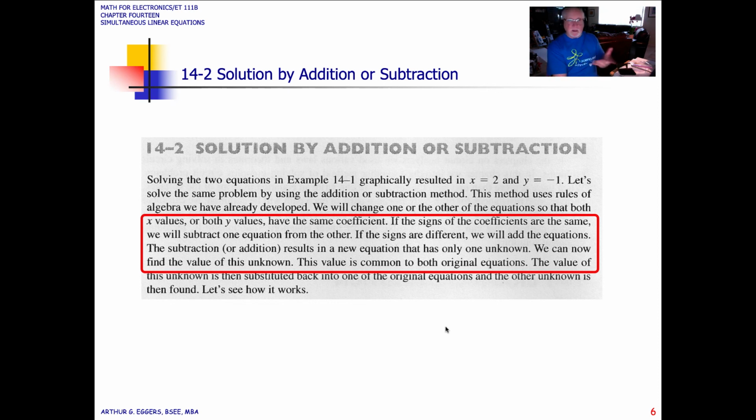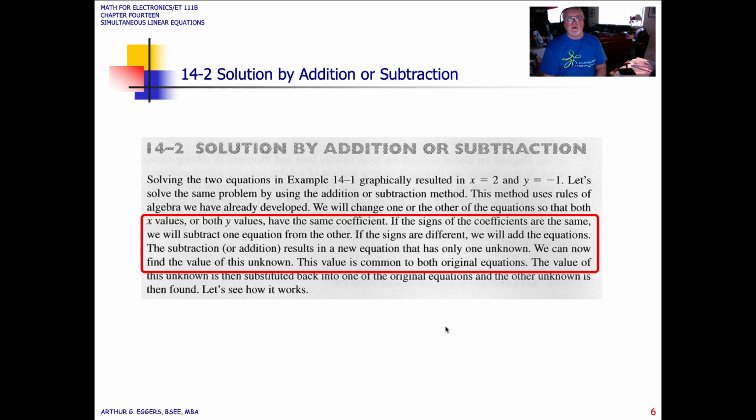Again, we're building and building as we go along here. We will change one or the other of the equations so that both x values and both y values have the same coefficient. If the signs of the coefficients are the same, we will subtract one equation from the other. If the signs are different, we will add the equations.